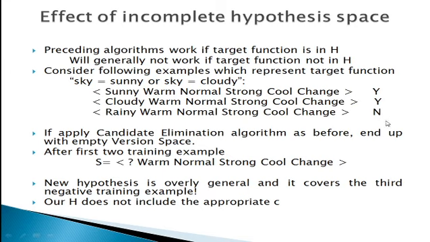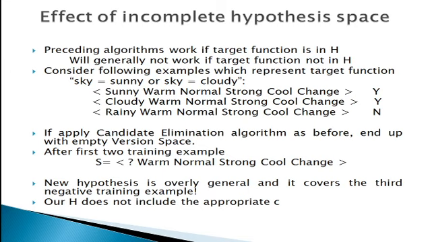To see why there are no hypotheses which are consistent with these three examples, note that the most specific hypothesis consistent with the first two examples and representable in the given hypothesis space H is S equal to question mark, warm, normal, strong, cool, change. So this hypothesis, although it is the maximally specific hypothesis from H that is consistent with the first two examples, is already too general.